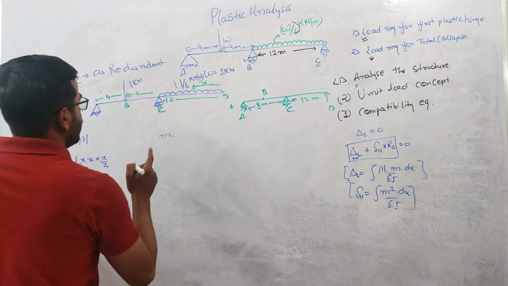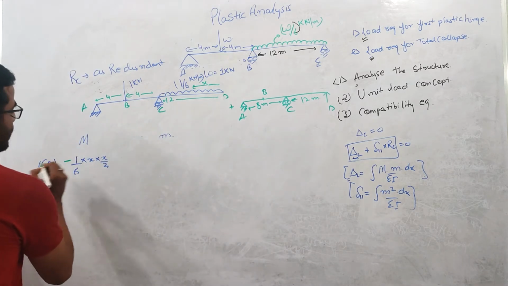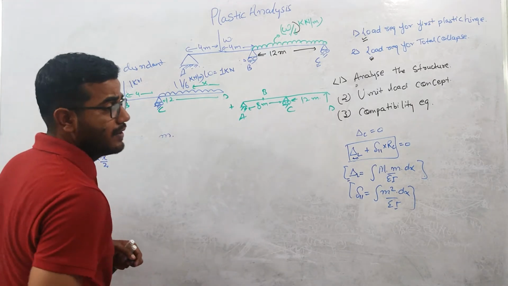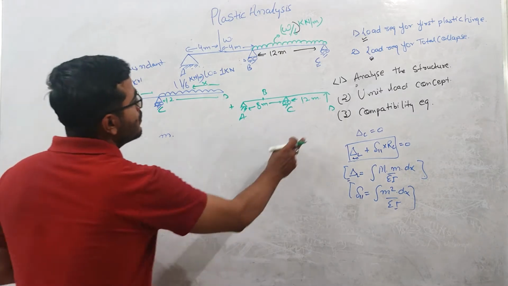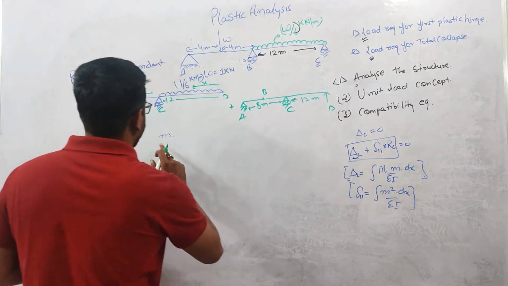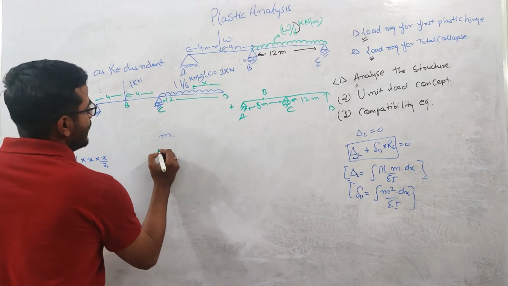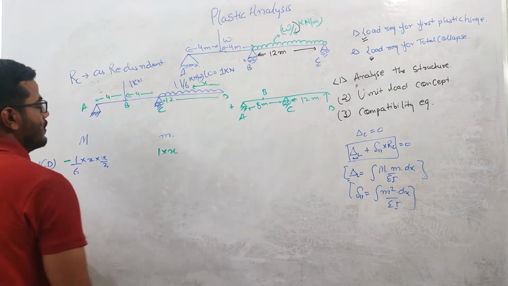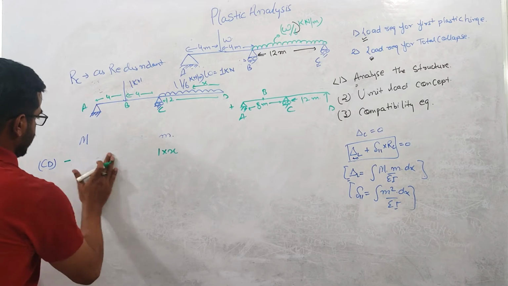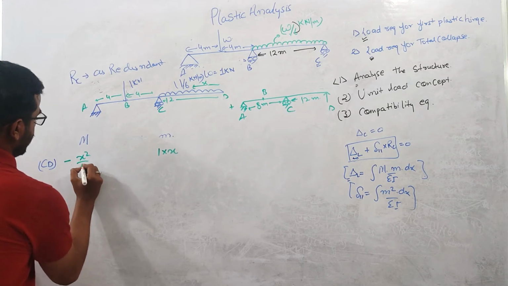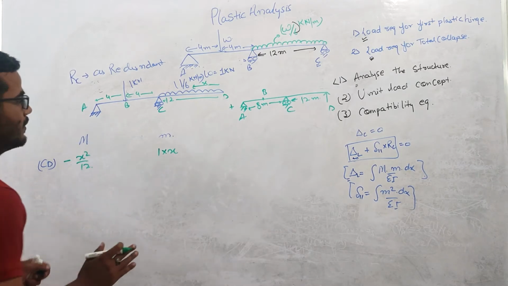Due to this, the direction, and it will be negative. Why negative? Because it is causing hogging. Okay. Due to this unit load, for calculating the M value, the moment will be 1 into x. Okay, I can write this as x square over 12. There should be no doubt in this.